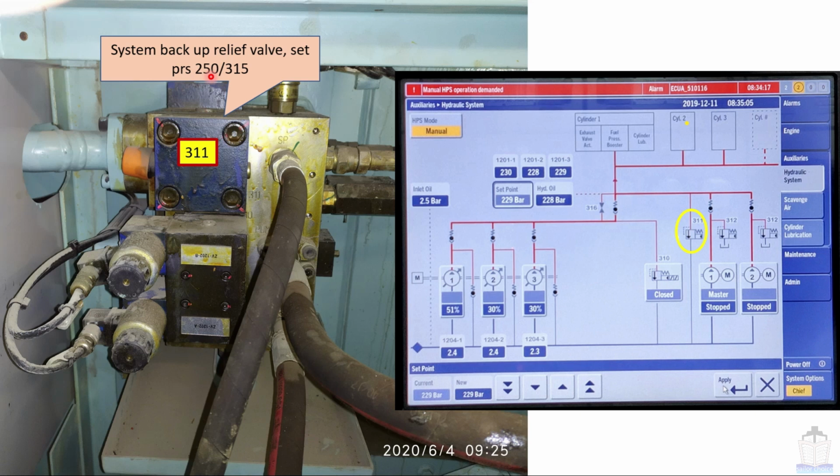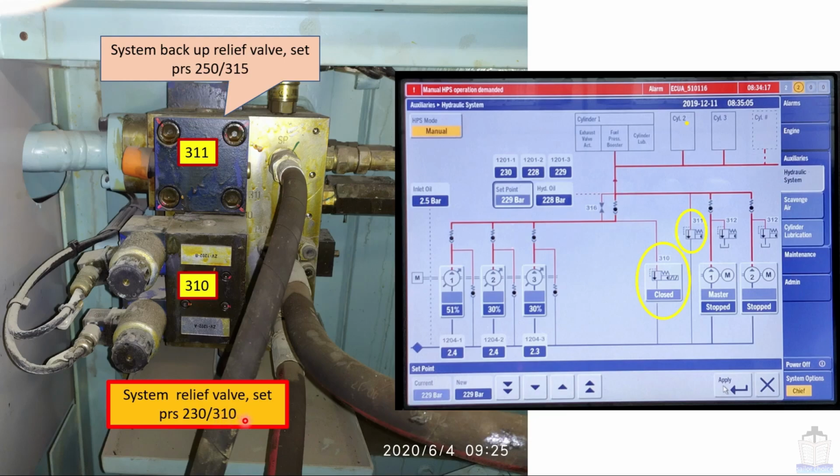Set pressure is 250 in a 200 bar system and 315 in a 300 bar system. Next is valve number 310. This is valve number 310. It is also stamped on this body over here. Its name is system relief valve. Set pressure in case of 200 bar is 230 bar, and in case of 300 bar it is set at 310 bar.